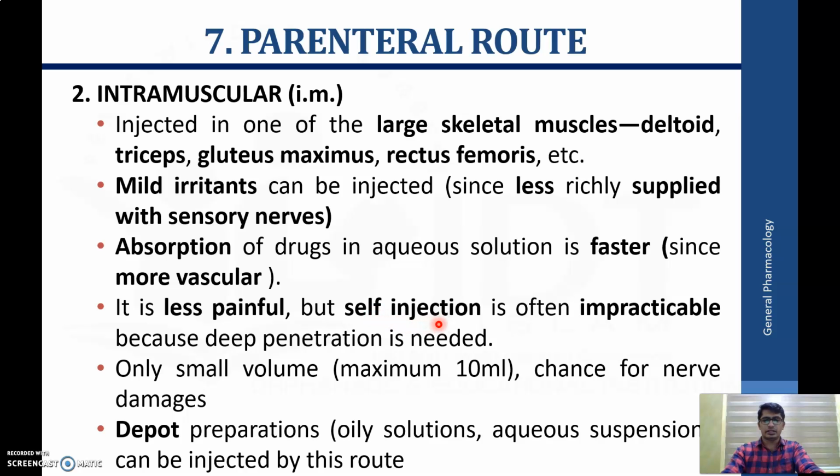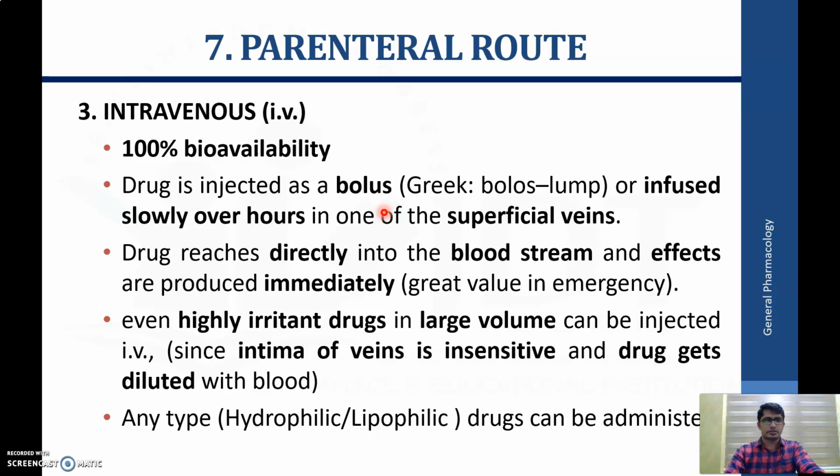But self injection is often impracticable because deep penetration is needed. Only a small volume, a maximum of 10 ml, is possible. There is a chance of nerve damage also, and some depot preparations, oily solutions and aqueous suspensions, can be injected by this route, that is the intramuscular route.